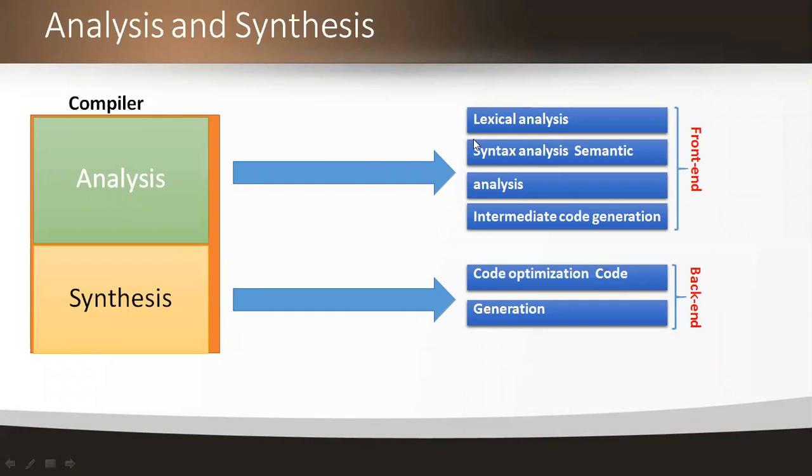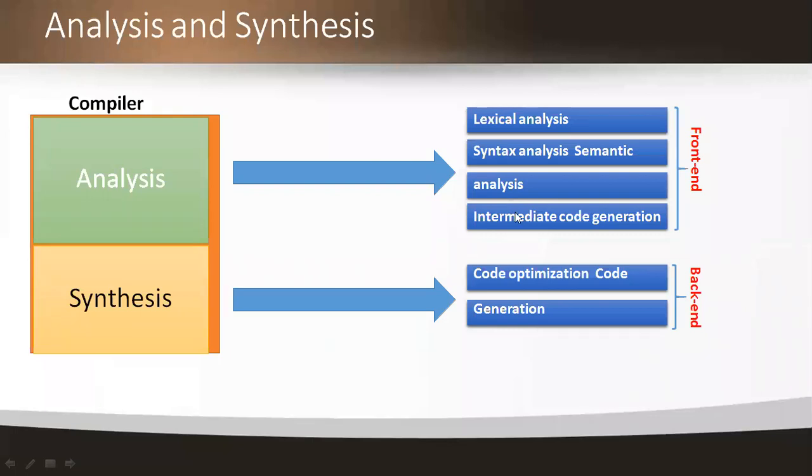The analysis part is carried out in three subparts. What are those three subparts? The first one is lexical analysis, the second one is syntax analysis, and the third one is semantic analysis. And what about the intermediate code generator? It is a subpart of the analysis, and it is also a subpart of the synthesis.